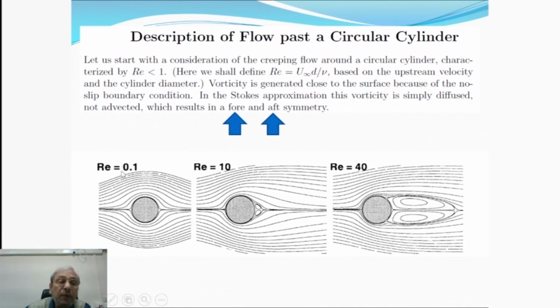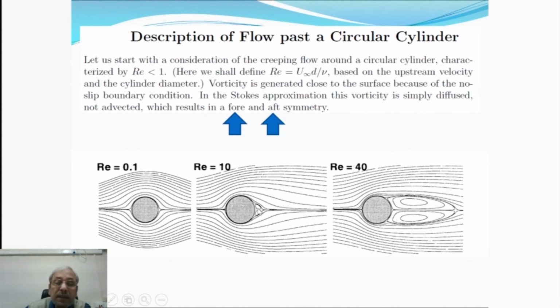So for a very low Reynolds number, flow smoothly divides and reunites, creating a symmetry between the fore and aft of the cylinder. But if we increase the Reynolds number, we start observing formation of vortices behind the cylinder.